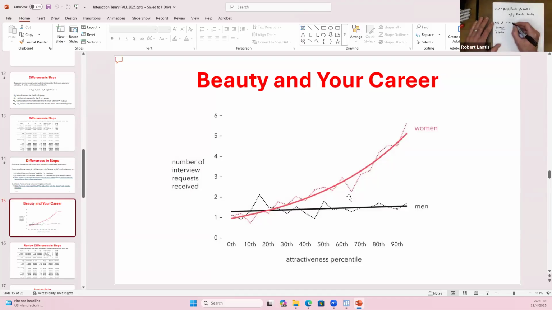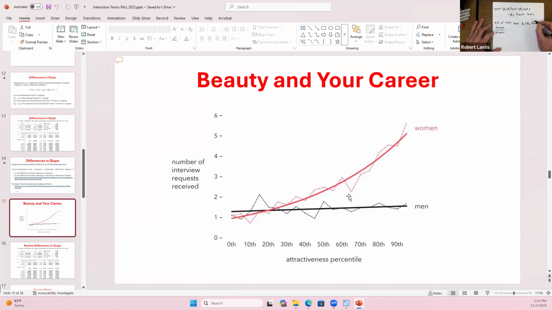So here, our marginal effect looks a little bit different for both groups. If we're thinking about the male group, when I take a derivative of this function with respect to looks, the thing that's changing, what am I left with? Beta 2 plus beta 3 times female.